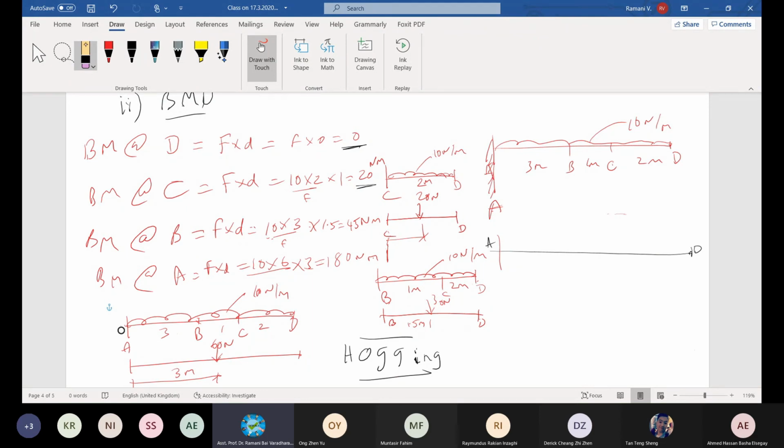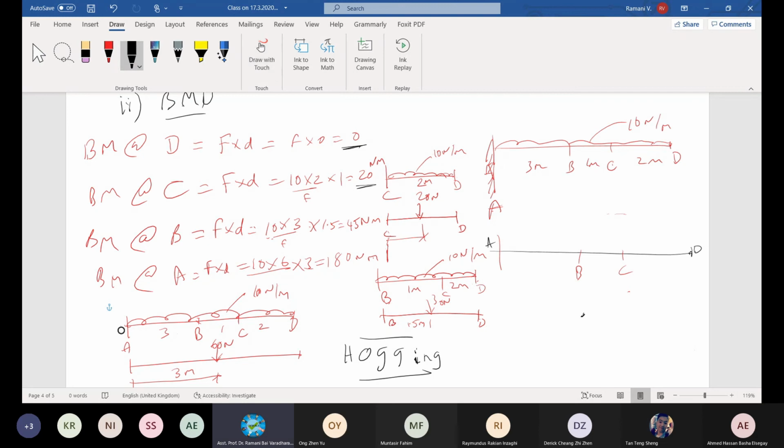Let's draw that. At C, I mark C first, then B and A. So at C it will be 20. I mark here 20, and then at B it is 45.